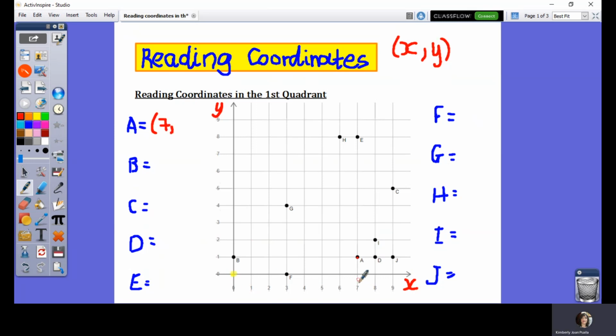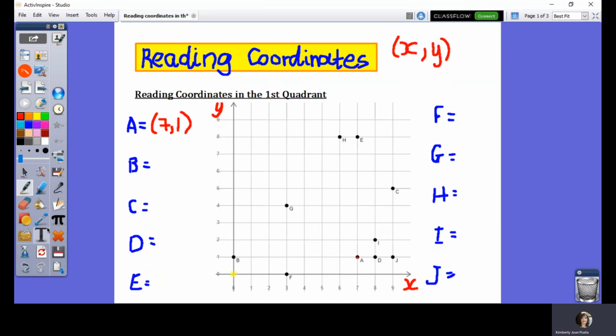Since I have moved 7 to the right, now I have to go up. How many spaces did I go up? I went up one space, and on the y-axis you should find the number 1. Therefore, the y position is 1. So how did I move to get to A? I moved from 0, 7 boxes to the right on the x-axis and 1 box up.